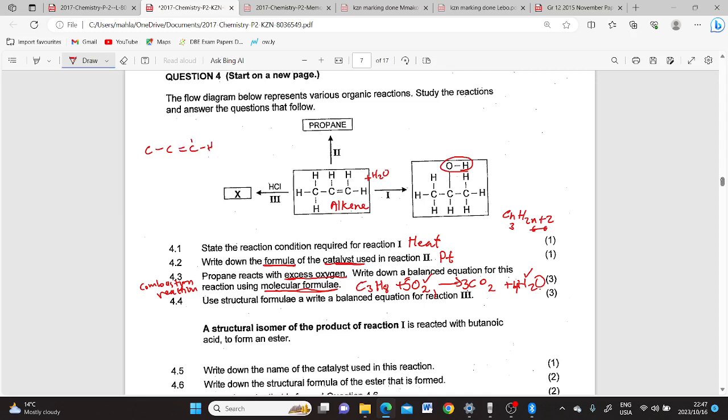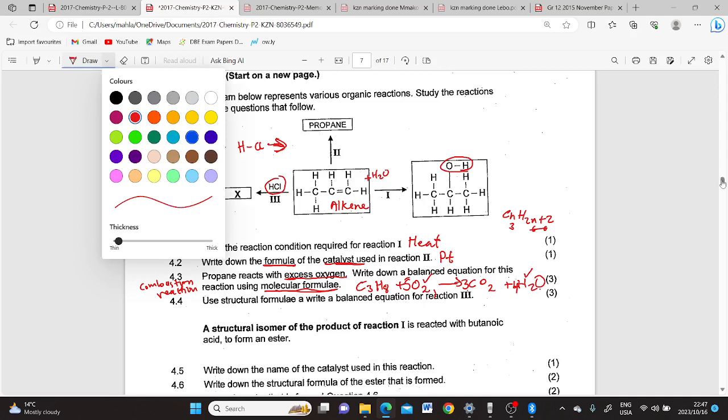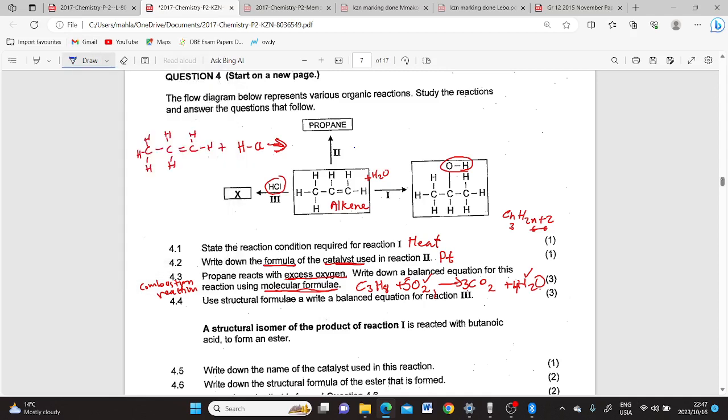Then this is what we have, hydrogen here, then hydrogen, 1, 2, 3, 4, 2, 3, hydrogen here, hydrogen, hydrogen, hydrogen. Plus, because it's a structure, we're going to break this into structure where we have H bonded to chlorine. Now this will produce, let's write the product here. So let's write the answer here.